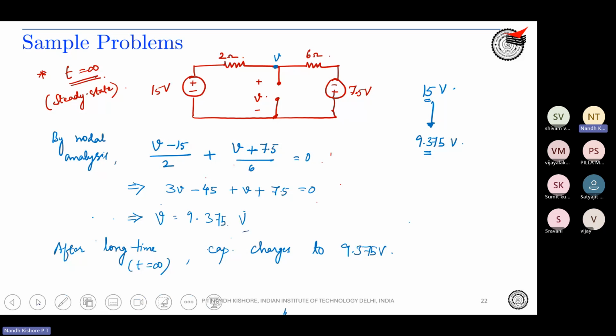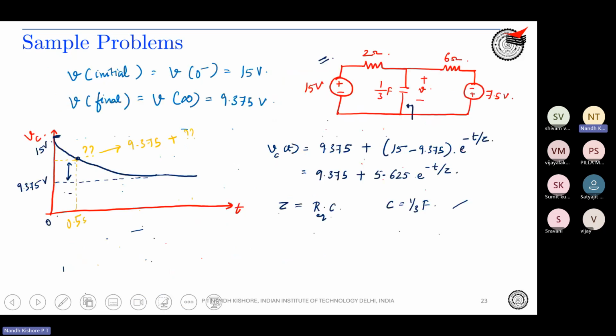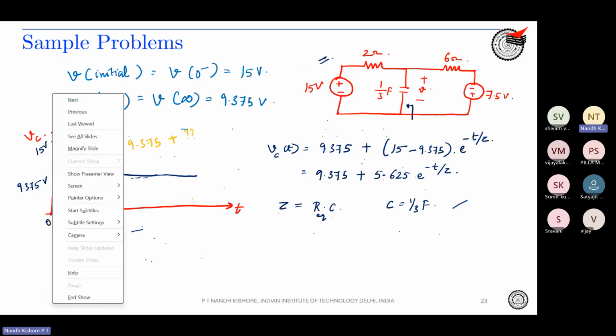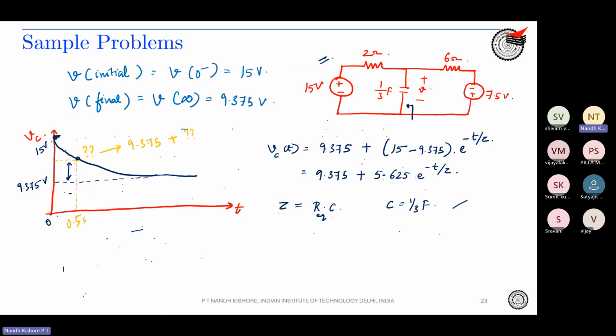So the capacitor voltage before the switch is turned on is 15 volts. From there it is going to 9.375. So basically I was at 15 volts at t equal to 0, and then from 15 volts I am discharging to 9.375, and it will remain 9.375 forever at t equal to infinity. Got it, right?